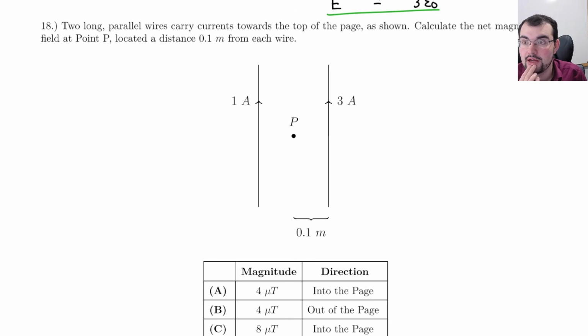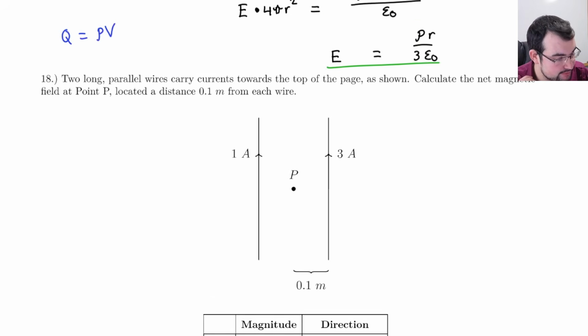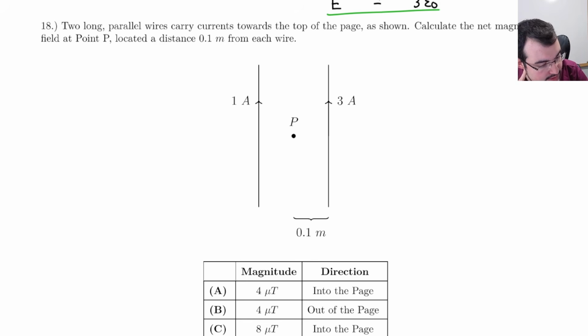All right. 2 long parallel wires carry currents towards the top of the page. Calculate the net magnetic field at point P, which is located 0.1 meters from each wire. Okay. So we want magnitude and direction. So direction, we can see that my 1 amp current, this magnetic right-hand rule says if you stick your thumb in the direction of current, your fingers wrap with the B field.